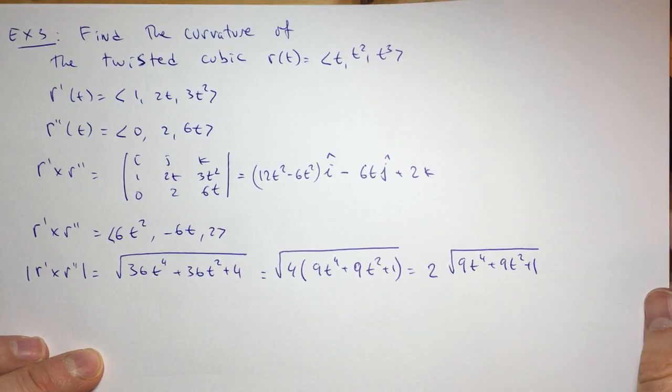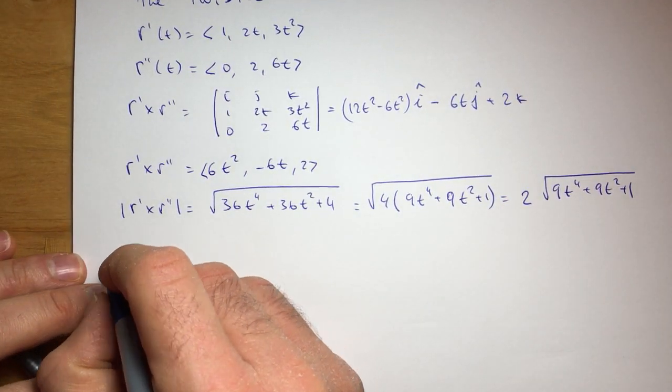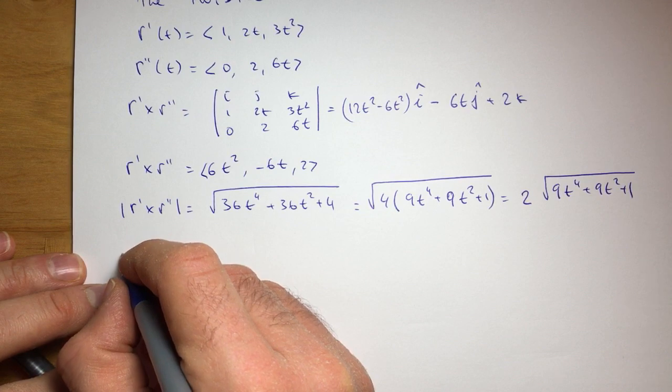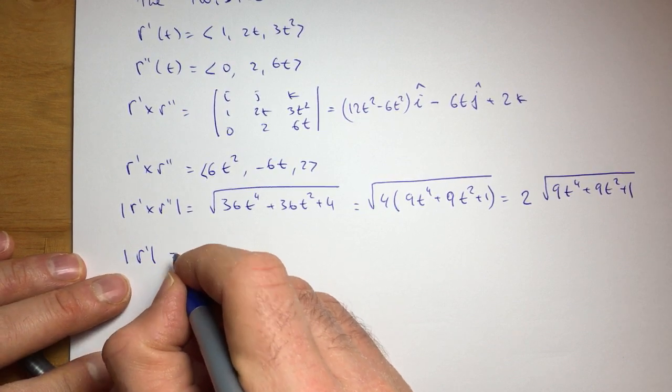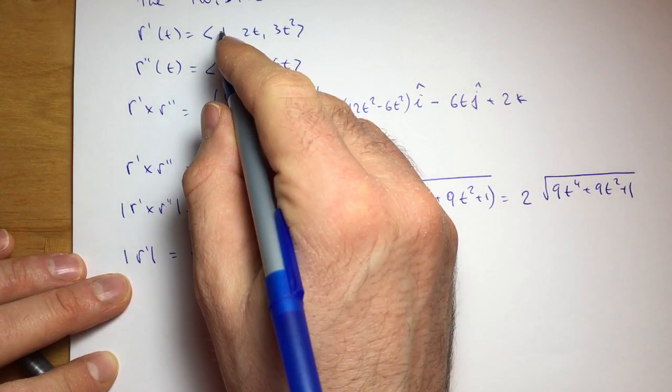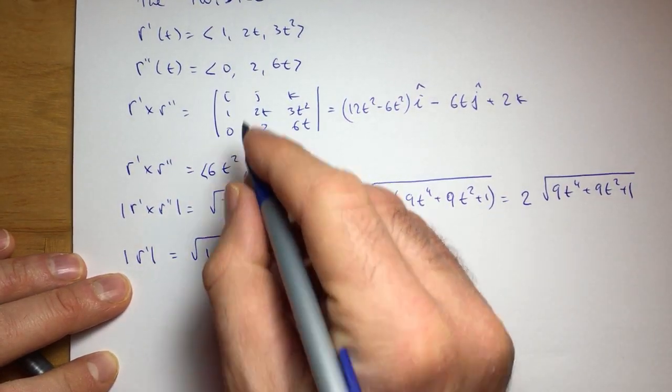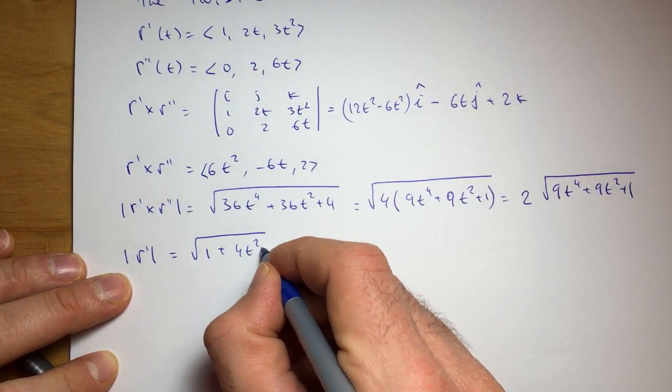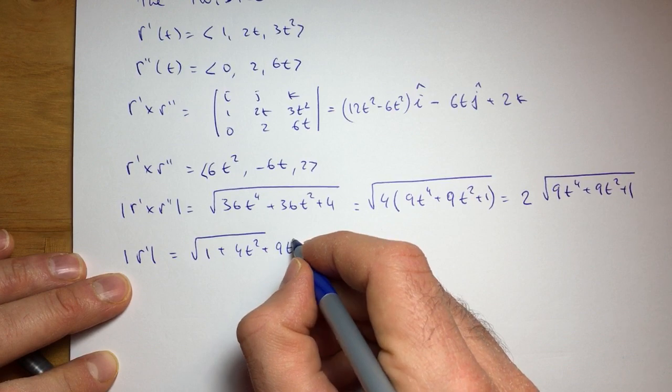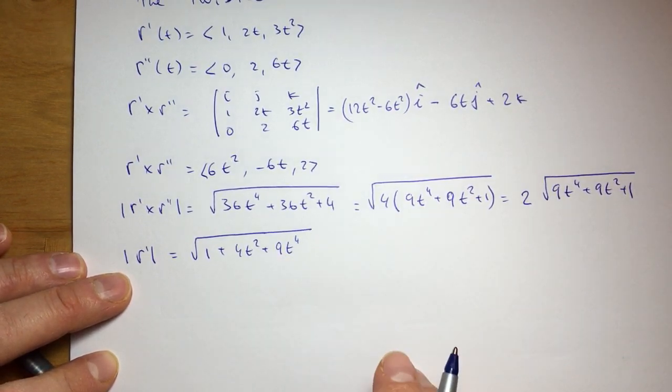Okay, the only thing that's left is finding the magnitude of r prime. That's the square root of 1 squared plus 4t squared plus 9t to the power of 4.